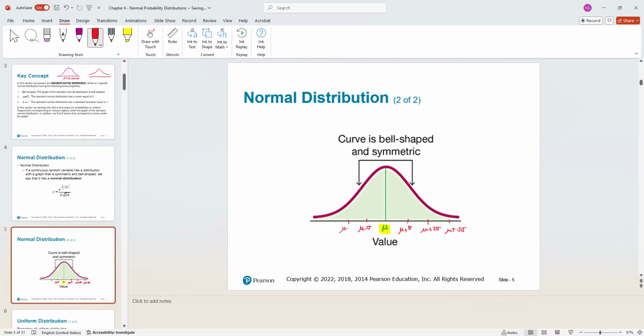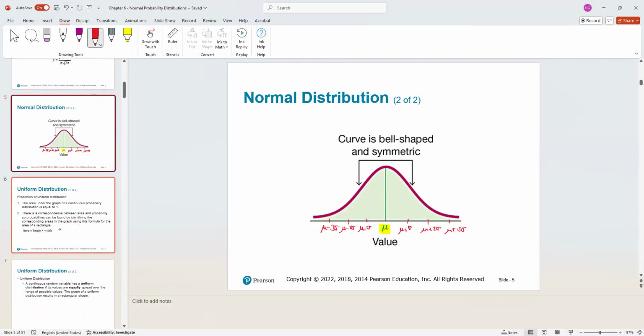But for this one, you can move plus and minus three standard deviations under that curve, both sides. And for the empirical rule, 68% of the data falls within one standard deviation, 95% of the data falls within two standard deviations, and 99.7% falls within three standard deviations. Don't forget that, because we talked a lot about it.